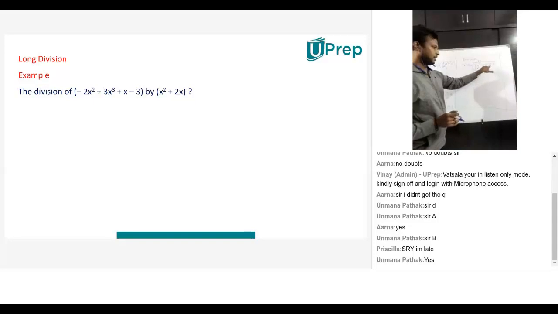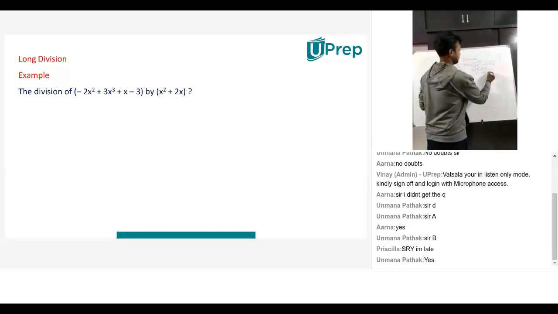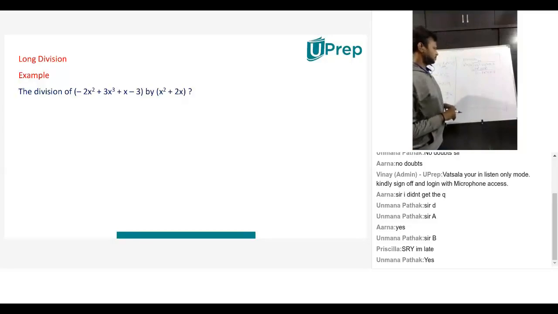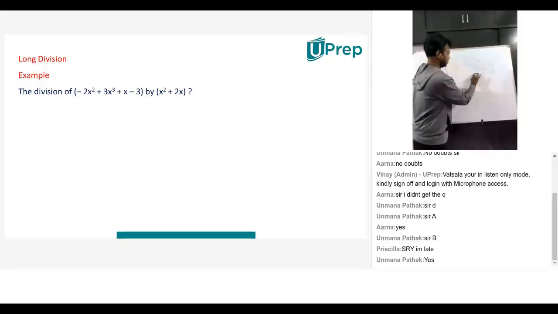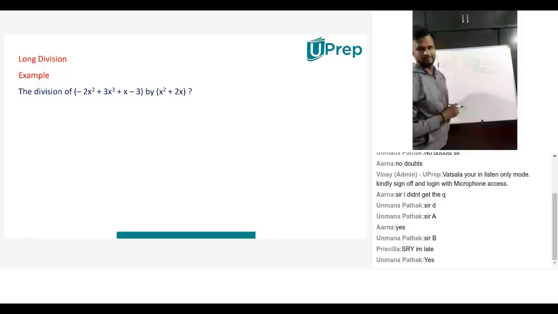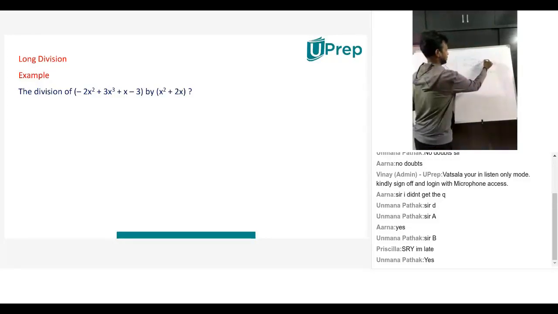And then I write the other terms as it is. So 0 is anyways there, so I need not mention it. What you can do is you can strike it like this. Now I have minus 8x square here, I have an x square here. So what I will do is I will multiply with minus 8.